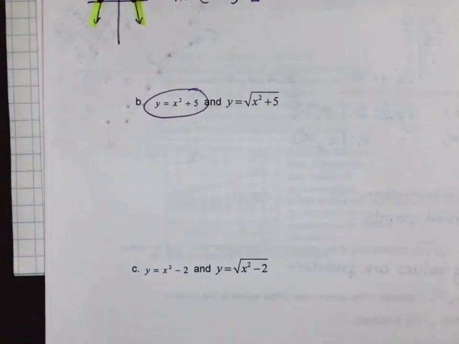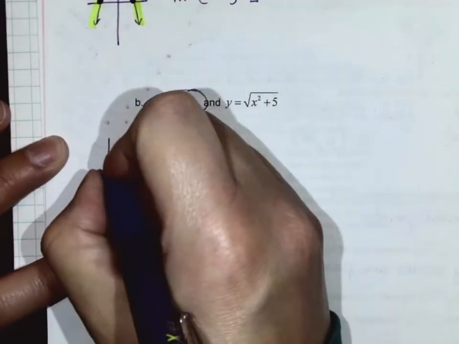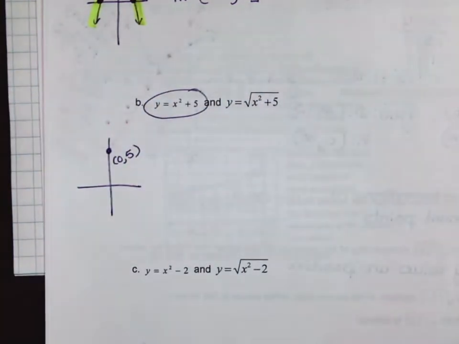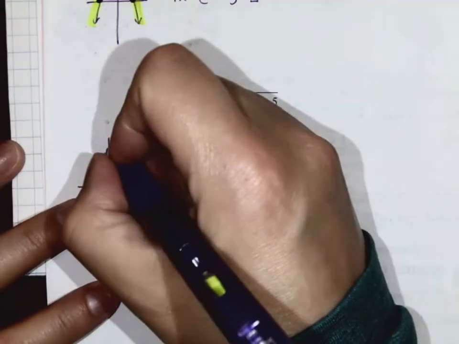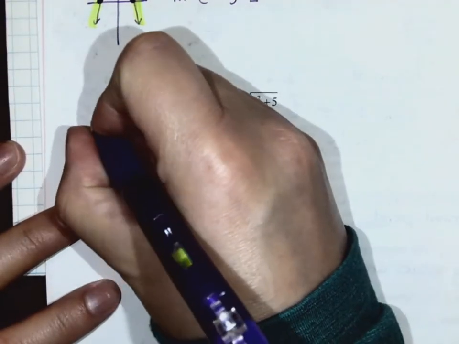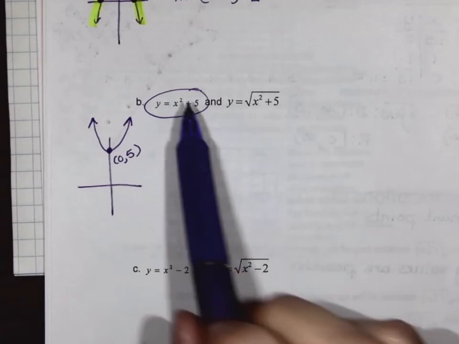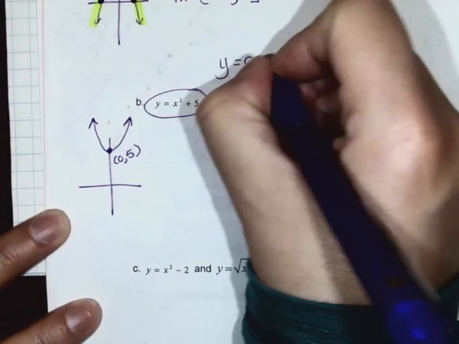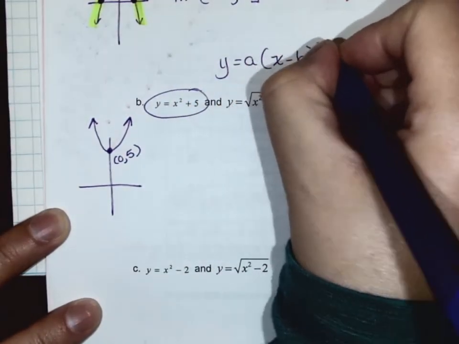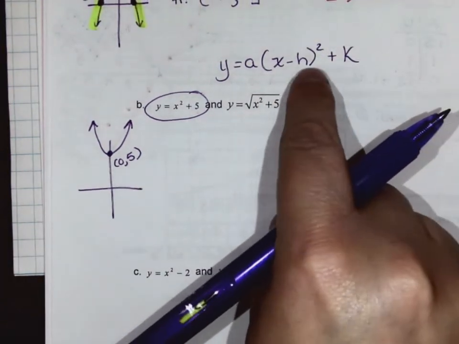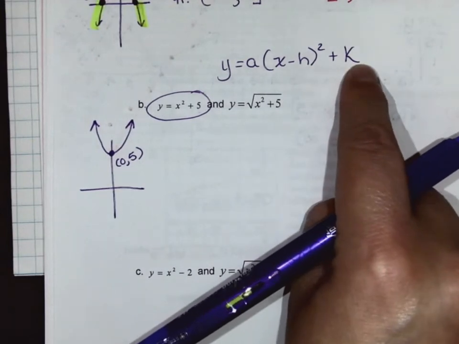Where's my vertex? 0, 5. Good job, everybody. Okay, which way does my graph open? Up. Because remember that the quadratic formula, your h and your k represent your vertex.